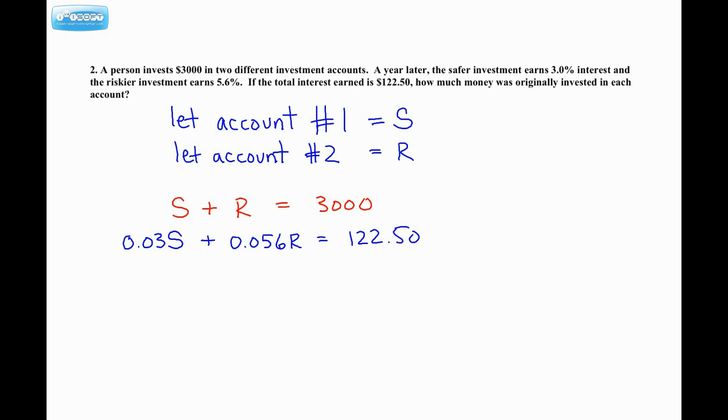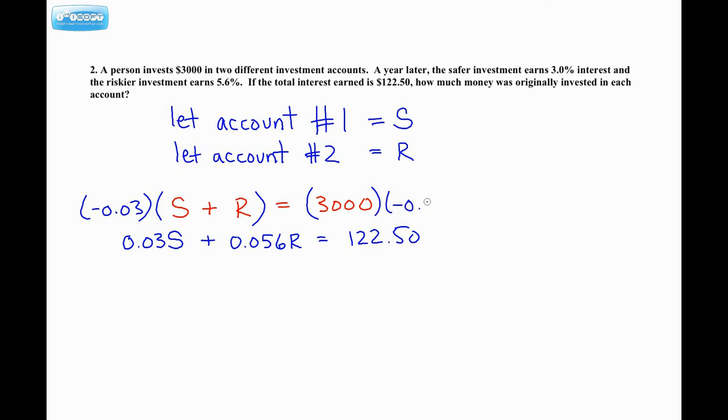So in order to apply elimination, we need to first choose which variable to eliminate. The choice is yours. I'm going to eliminate S first. Why not? So if this is a 1 and this is 0.03, I'm going to multiply both sides by negative 0.03.